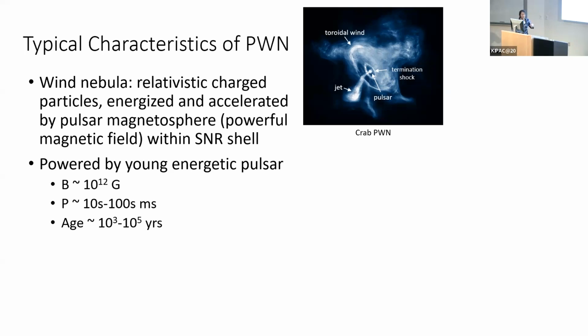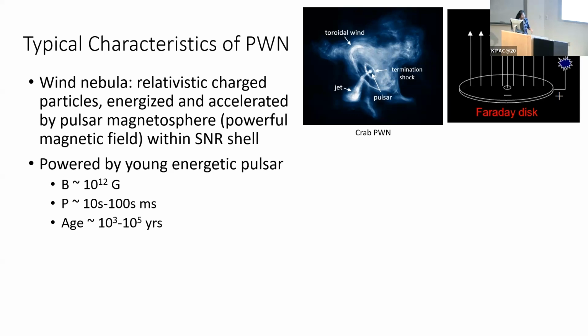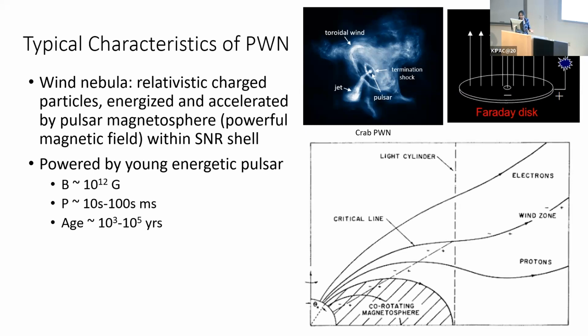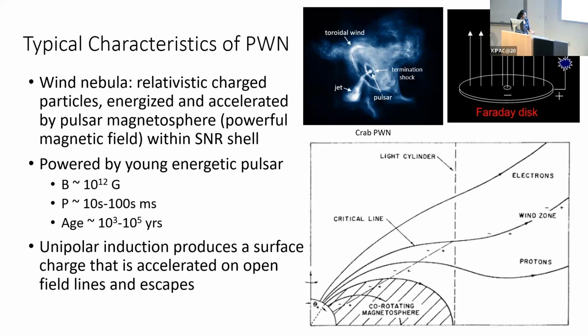When you have a combination of all these things, you get something that happens in a Faraday disk, where because of the spinning charges in the magnetic field, you create an electric field that is able to pull charges off the surface of the neutron star into the surrounding medium. Those charged particles are then loaded onto the magnetic field lines, and they can get accelerated on these field lines and escape, forming a wind around the star.